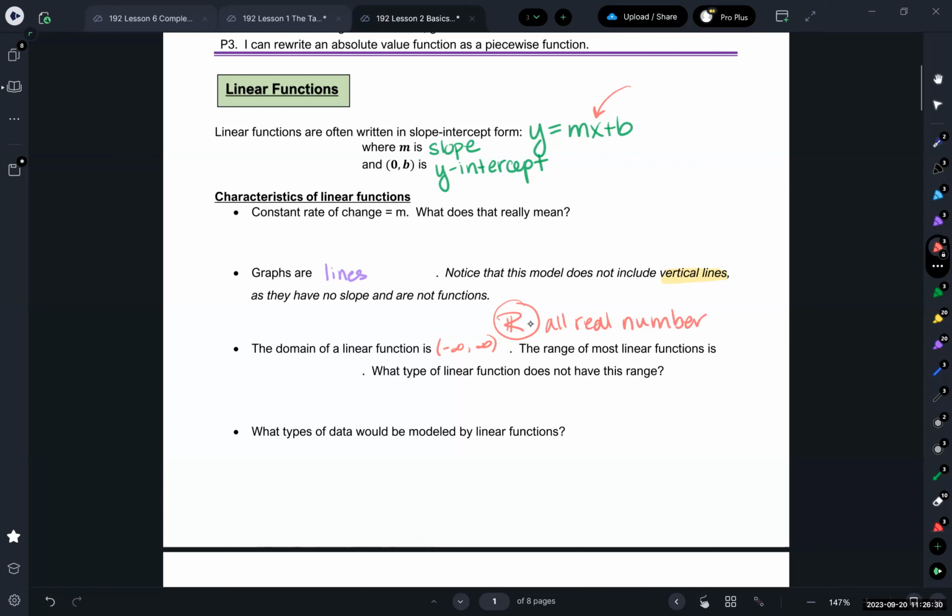What about the range? What kinds of numbers are you going to get out? If you're graphing a line, in general, you're going to have all possible y values. So again, the range of most of these is going to be negative infinity to infinity, but there is one exception to that rule. There is one kind of linear function that does not have this range, and that would be the horizontal line.